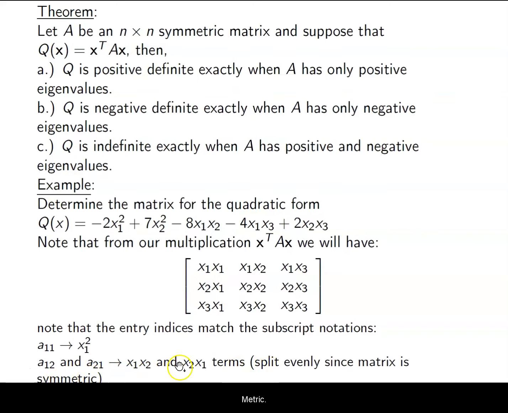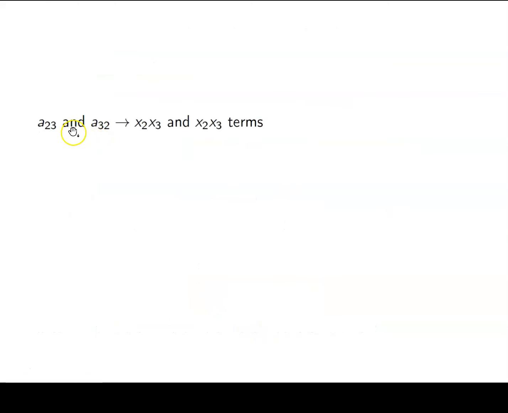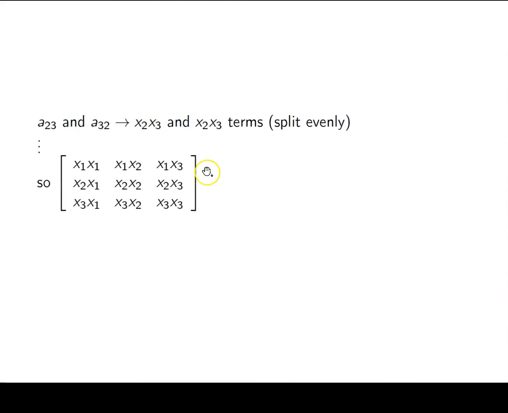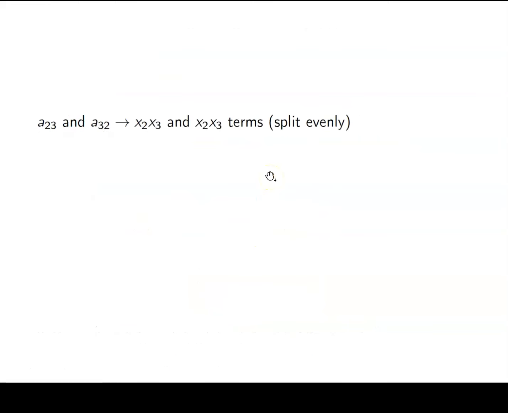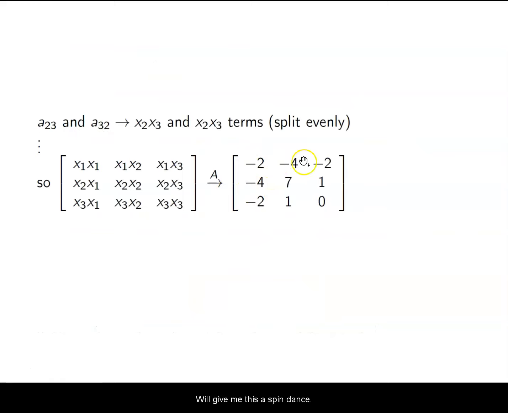Okay, so now you can see where that's written, right? Same thing here, and so forth. So according to my quadratic form, this will give me this as an answer, right?